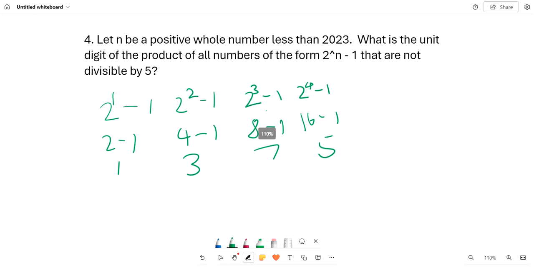And then we do it again with 2 to the 5 minus 1, 32 minus 1, which is 1.